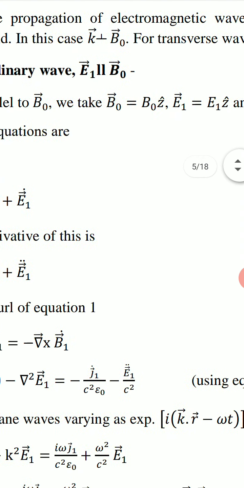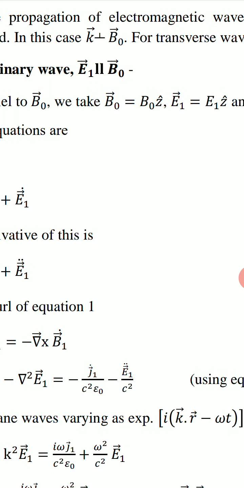If we take B0 vector equal to B0 z cap, it means we consider the direction of magnetic field B0 vector along the direction of z axis.